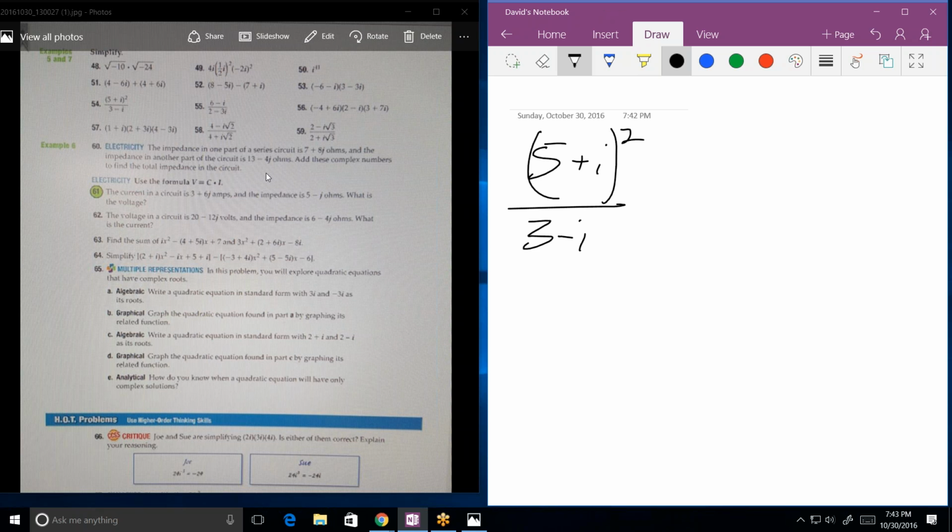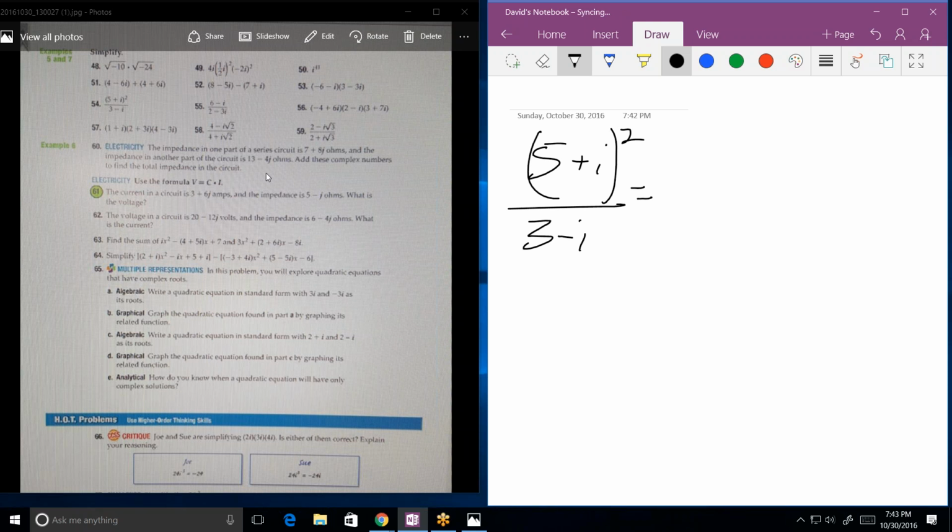Starting like this doesn't help a whole lot because I still am going to have to multiply that 5 plus i by itself. In other words, I can't multiply 3 plus i times 5 plus i squared. I don't know how to do it. But if I expand that, then I can. So let's expand it first before we multiply by the conjugate.